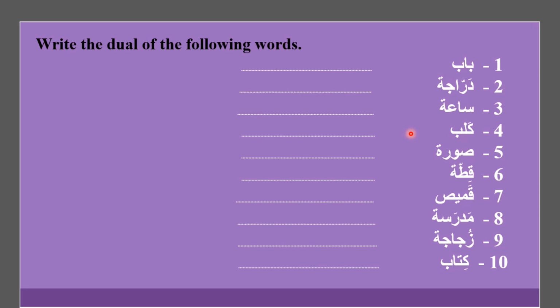The dual is kalbaan or kalbain. 5 is sura, picture or photo. The dual is suratan or suratain.